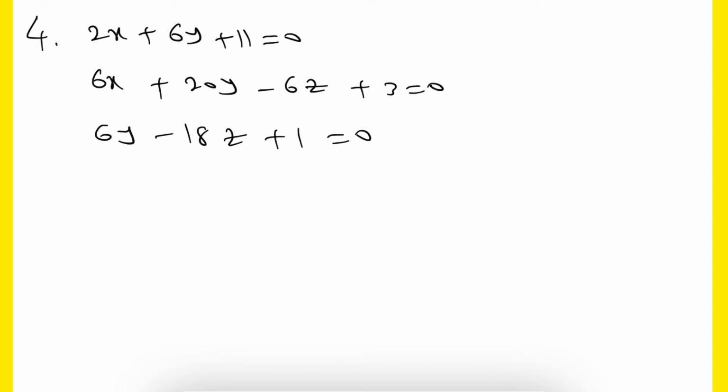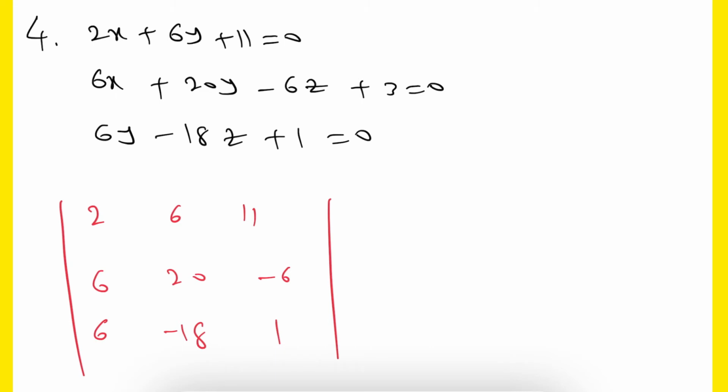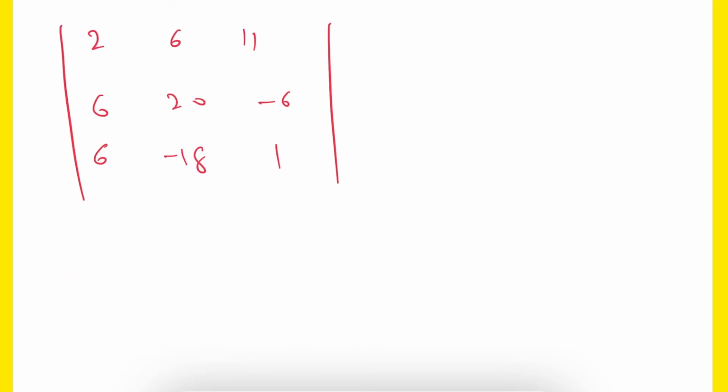Okay, now let me find out the matrix first, that is delta. 2 6 11, 6 20 minus 6, 6 minus 18 and 1. Okay, let me find out the determinant for this. Let me confirm once again. 6 20 minus 6 6 minus 18 1. Okay, done.